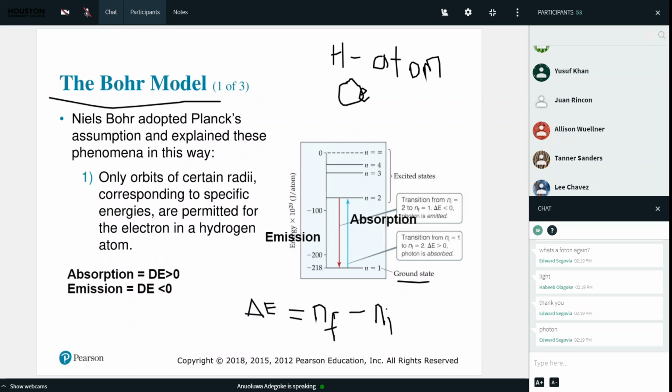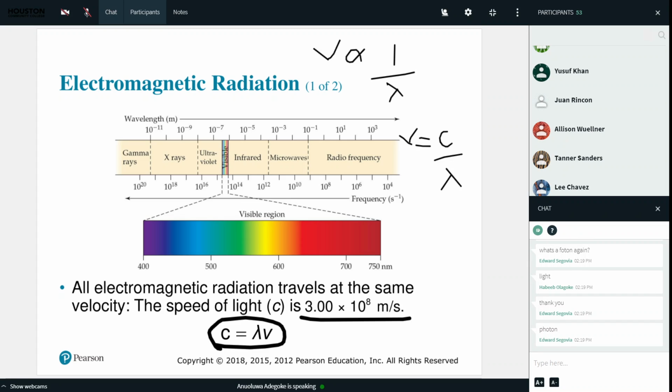It is called emission because whenever electrons fall back down to the ground state, they emit light. When you emit light, if that light is within the visible region of the electromagnetic spectrum, you will see color. Remember, we mentioned this electromagnetic spectrum earlier today. So this is the visible region.